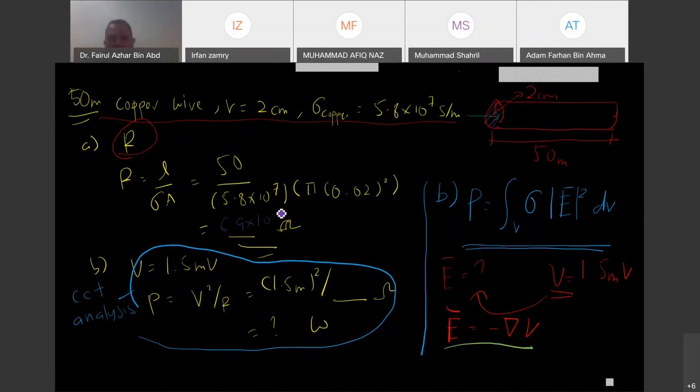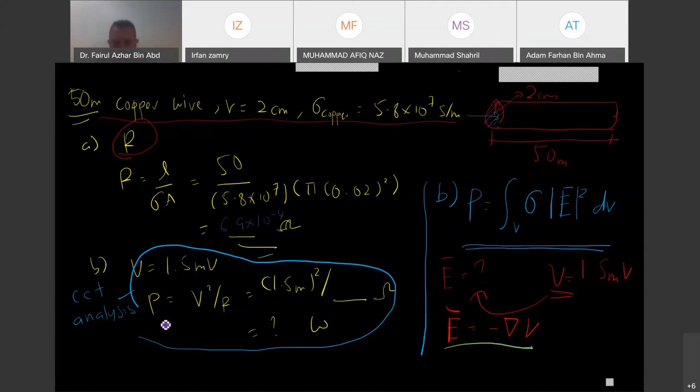Then the question asks us, let's say we inject this copper wire with a voltage equal to 1.5 millivolt, then we need to find the power.